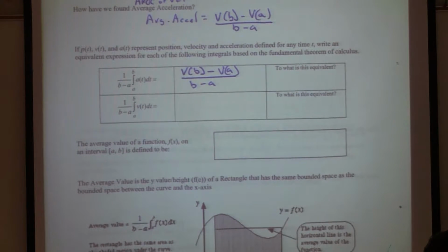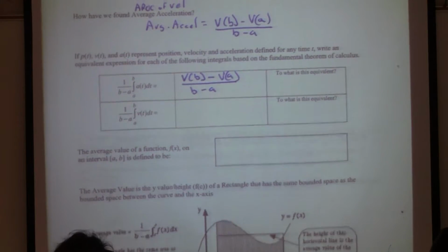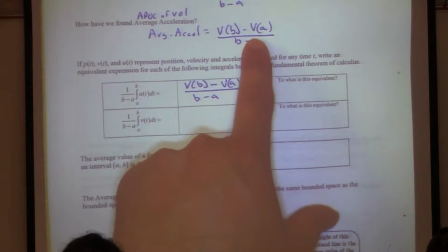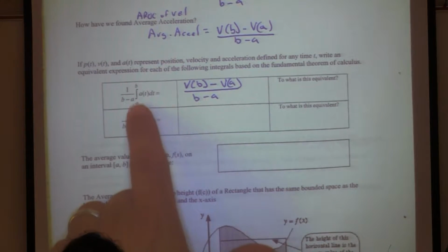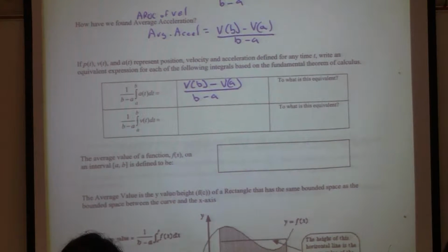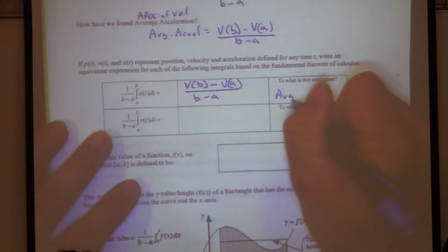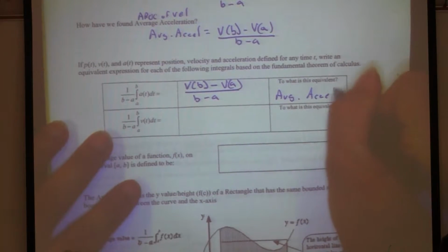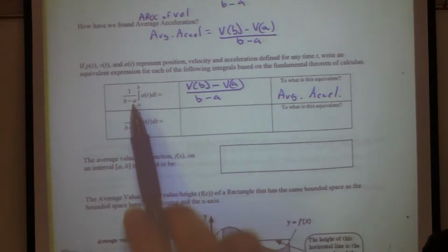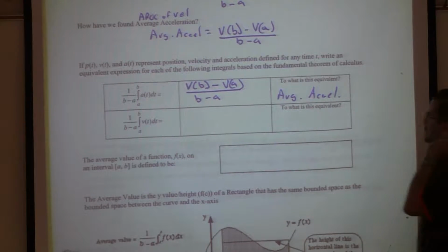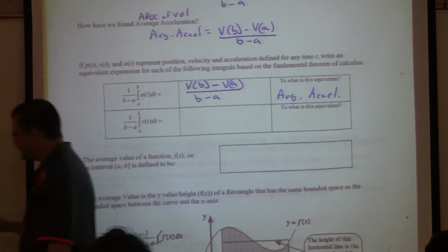Oh my god. That kind of looks like what we just did up here. So what could we say that this integral here is equivalent to? The average acceleration. So haven't you had some problems like that on your assignments where they give you something that looks like that? And they give you a fraction on the outside?